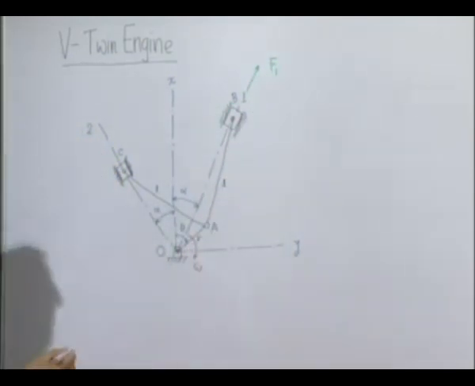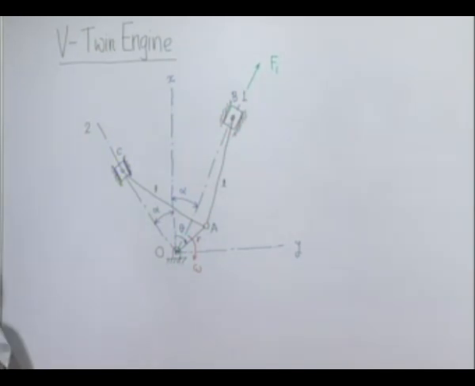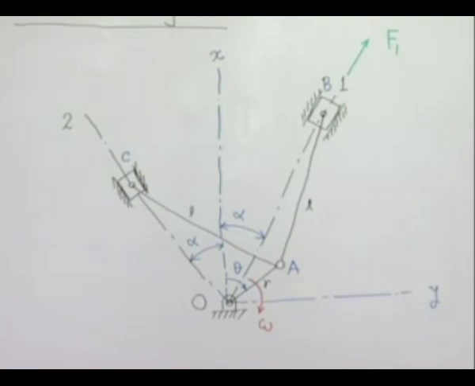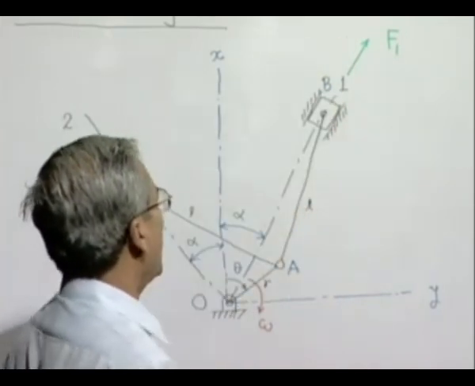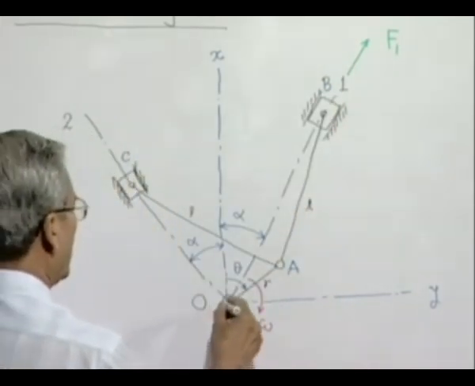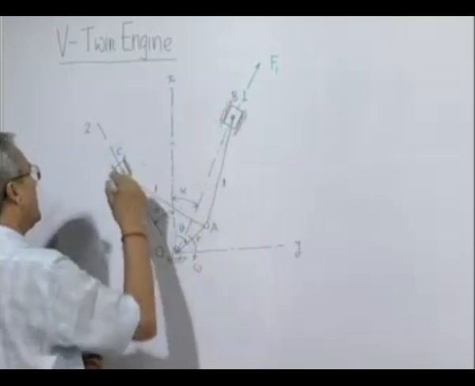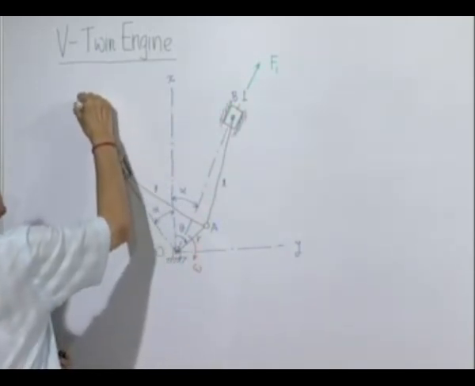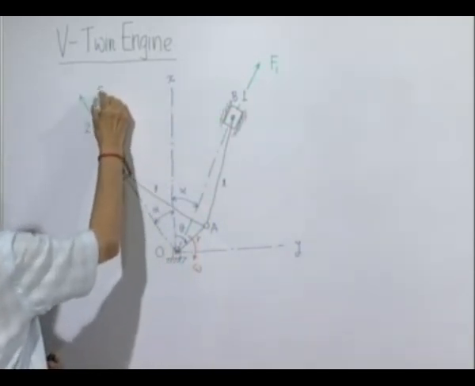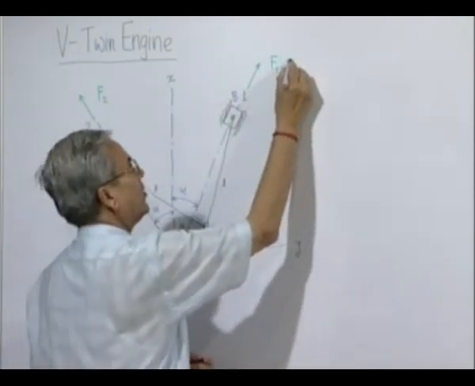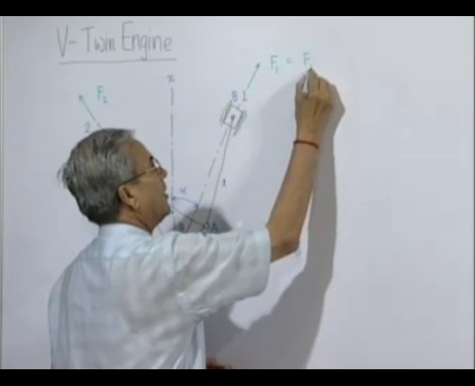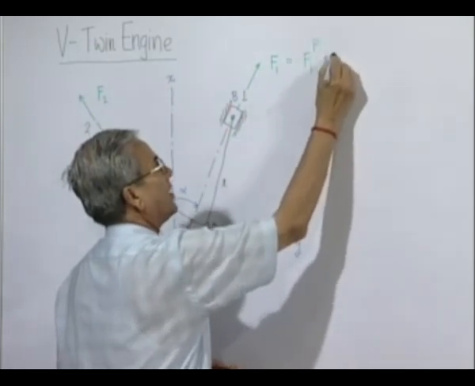And as you know, for all slider crank arrangements, after the rotating unbalanced part is taken care of by a counterbalance, the reciprocating mass produces an unbalanced force along the center line of that arrangement. So, similarly for cylinder 1, this will be the direction, and for cylinder 2, this will be the direction for the unbalanced force produced too. And they of course will have both a primary component and a secondary component.